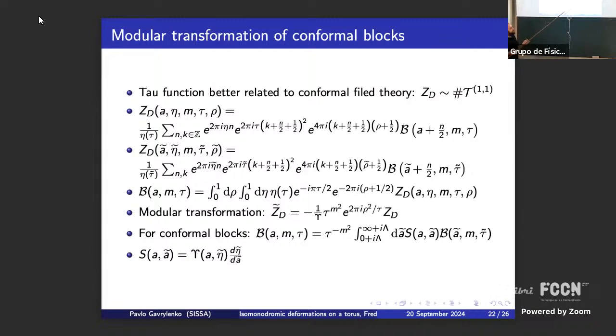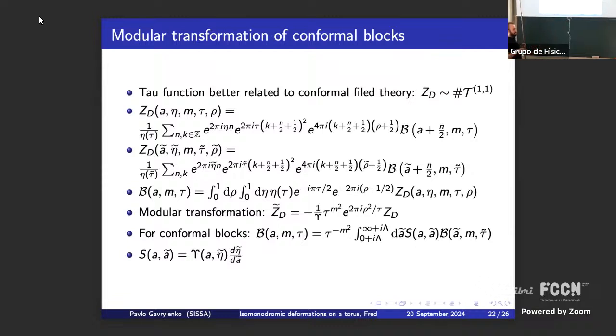To get the transformation of the conformal blocks, we take a single term of this series, substitute that it equals the connection constant times another sum, compute that integral, and get an integral of this form with some matrix S.